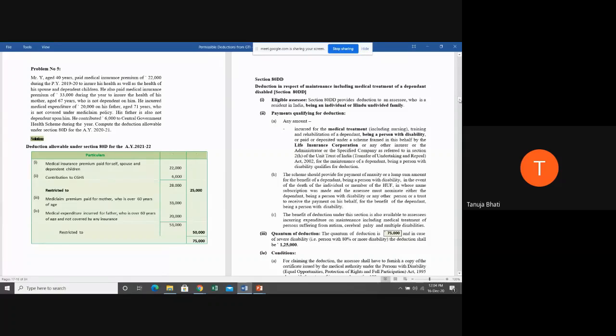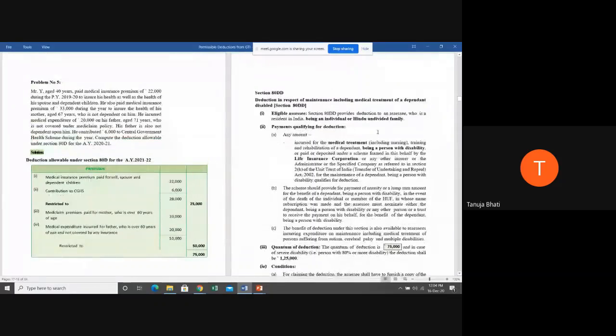Okay, what payment should he make in order to get this deduction? So if he is incurring any medical expenditure on the treatment of a person who is disabled, he will get a deduction under this section. Or if he is making payment of annuity or lump sum amount for the benefit of the dependent, then also it will be covered under this section.